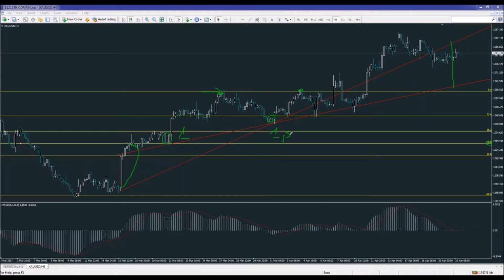The fact that I would choose to leave a higher amount of lots here is the same reason that I left less over here, because with the progressive way of the trend, it's less likely for this position to be hit when the market is here, but it's more likely to be hit when it's here.